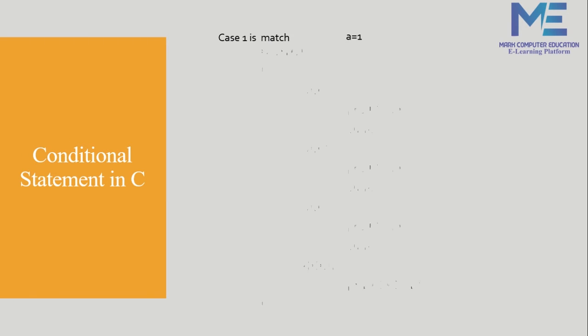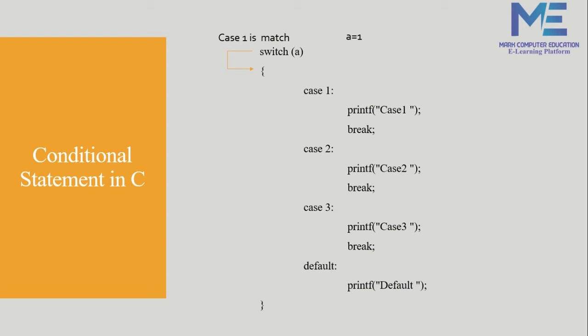First the compiler will take entry in the switch block. It will check the case value with my given value. My first case value is matched with my given value because the case value is 1 and I have also given value 1, a equals 1. So it will execute case 1 and take exit from the switch.